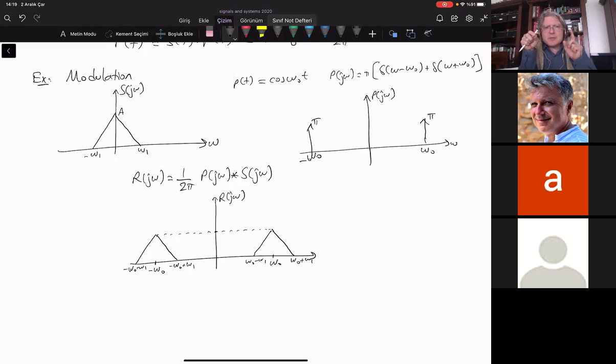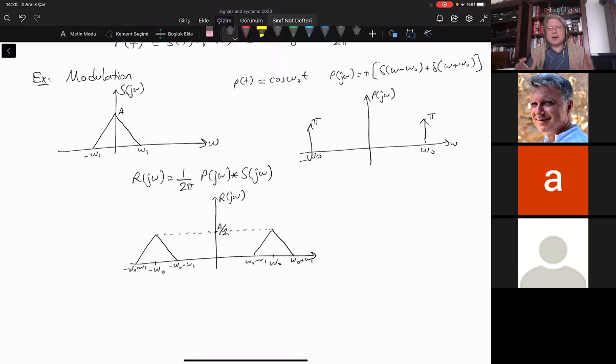So pi times A will be the peak value of the convolution. Then I'm multiplying everything by 1 over 2 pi, because once the convolution is done, I multiply everything with 1 over 2 pi in the formula. So A times pi over 2 pi is the value, which is A over 2.